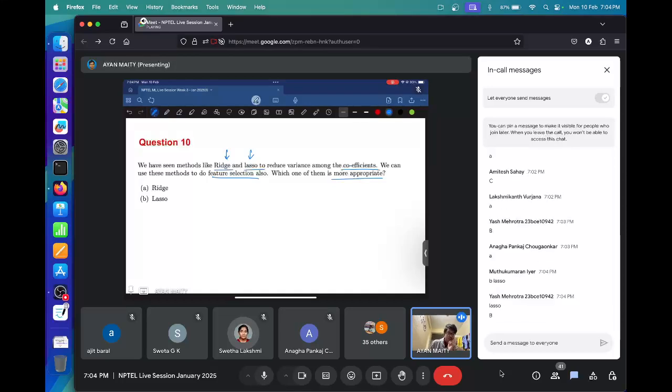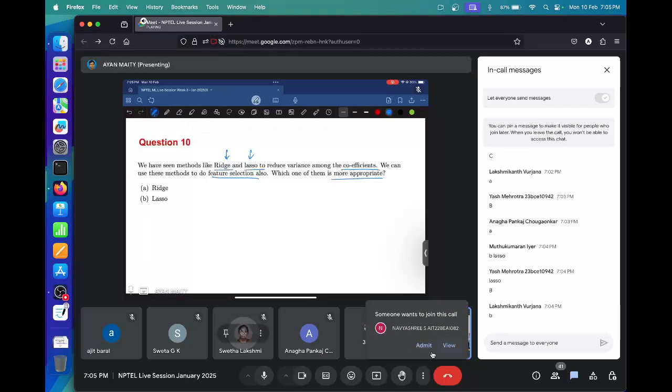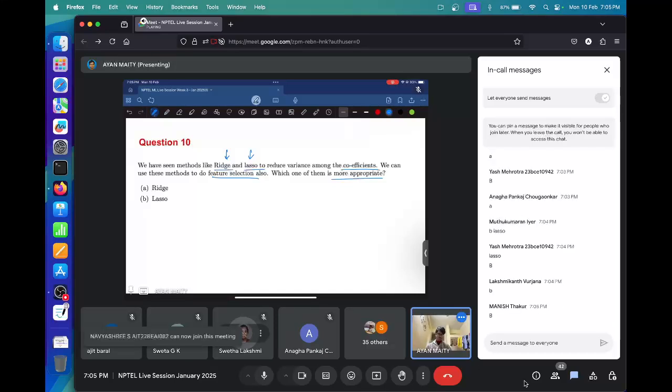Anaga says option A, Muthukumaran says option B, Yash Mehrotra says option B. Manish Thakur says option B, Lakshmikant Urjana says option B.